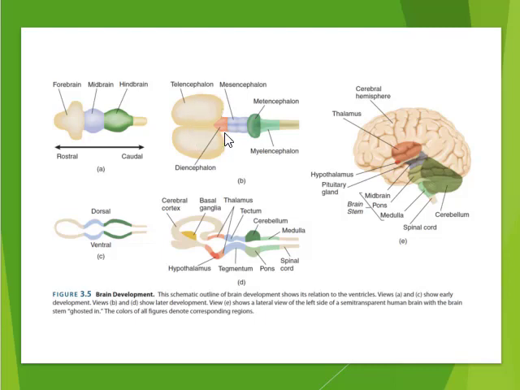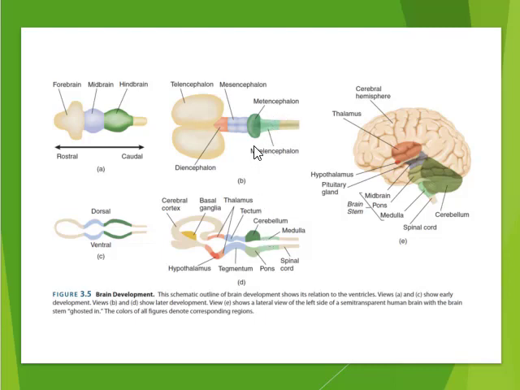And then you can finally see the diencephalon. It emerges here, and the mesencephalon is visible, and the metencephalon and the myelencephalon. So these regions are suddenly identifiable in the developing brain.